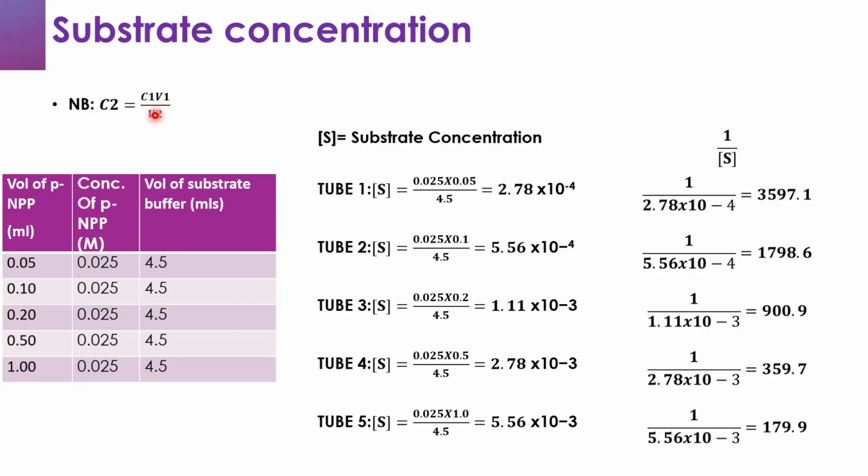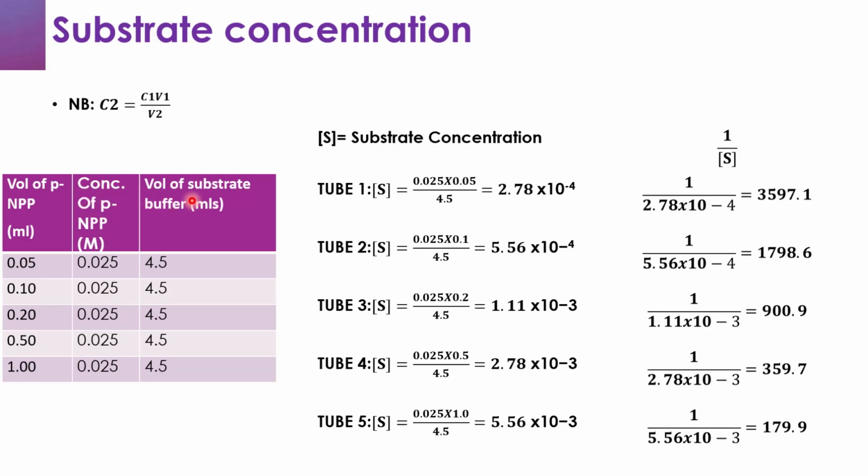And what I want us to note here is that the C over here happens to be our substrate concentration. So the C1 happens to be the initial substrate concentration, and the C2 happens to be the final substrate concentration. So we are using this table as a guide to do our calculation.